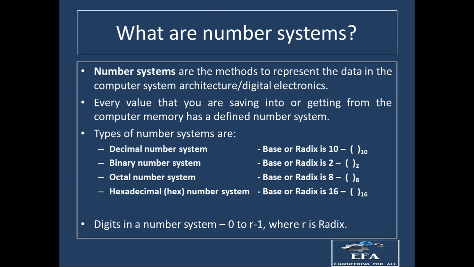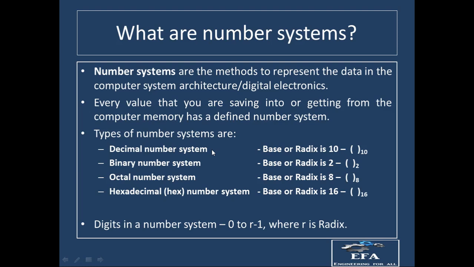When we talk about the decimal number system, this is the type of number system which is used by human beings. Whenever we have to enter any data into the computer system, we use the decimal number system. For example, let us say that we have to book a train ticket.